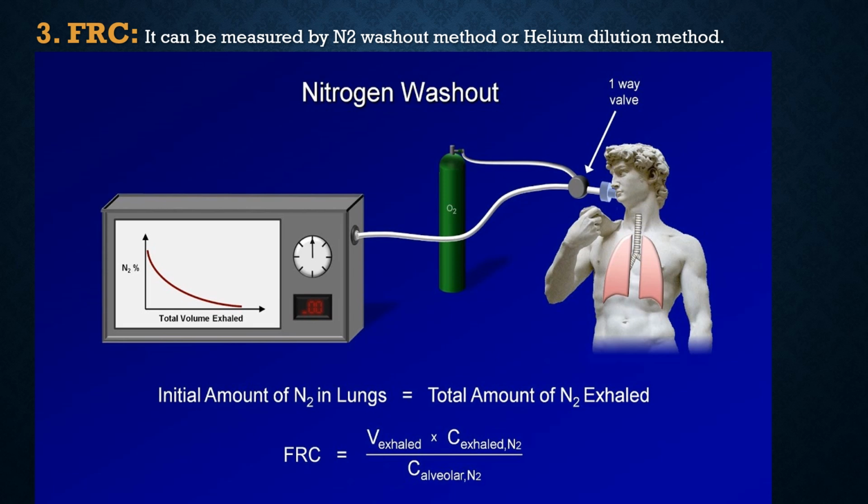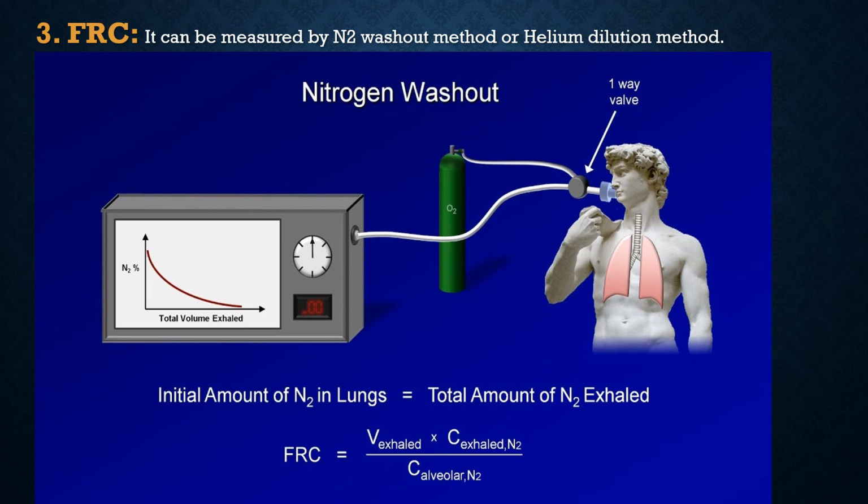The value of FRC is calculated as follows: the initial amount of nitrogen in the lungs is equal to the total amount of nitrogen exhaled, since the nitrogen content of the expired gas is solely from the subject's lung, where it forms 80% of the gas present in the lungs, that is FRC. Therefore, FRC is equal to V exhaled, that is the volume of air exhaled, multiplied by the concentration of nitrogen in the exhaled air, divided by the concentration of nitrogen in the alveoli.